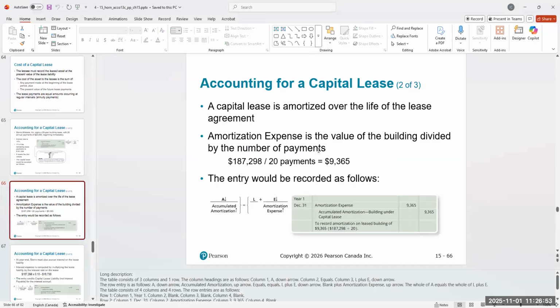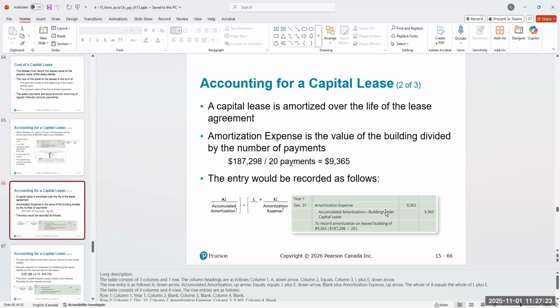Every period, we're going to calculate amortization expense, which will be based on the balance of the asset divided by the number of payments, and we're going to get the amortization amount.